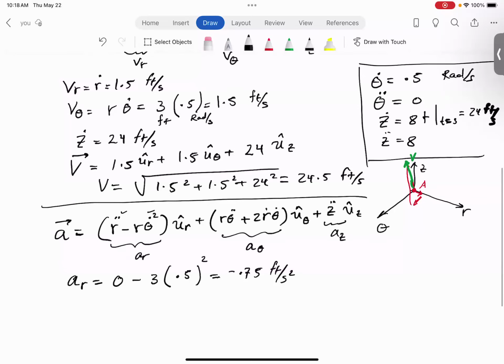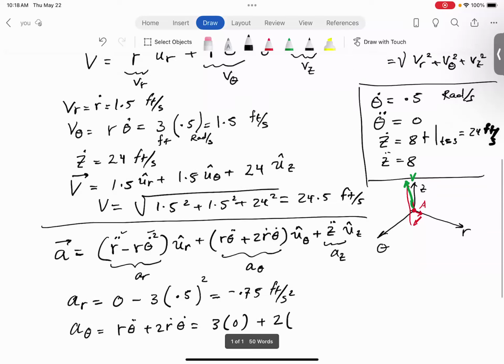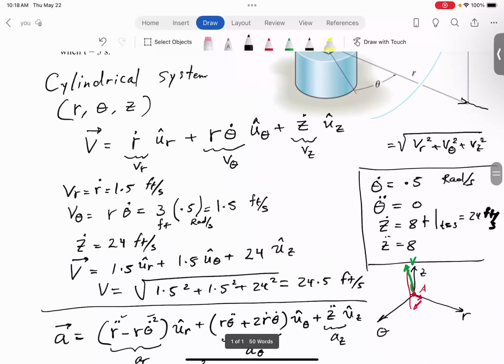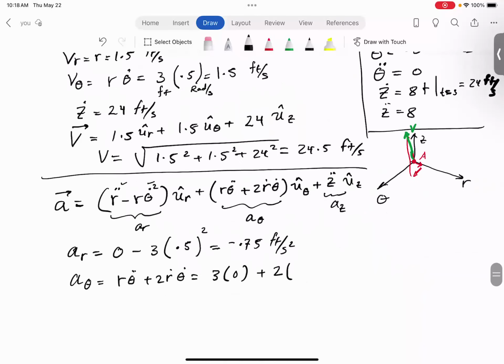Okay. And then a sub theta is r theta double dot, as you can see, plus 2r dot theta dot. Let's see, r is 3, theta double dot is what? 0. So actually the first term is gone. Plus 2 times r dot, which is, r dot was what? 1.5, right? And theta dot is 0.5.